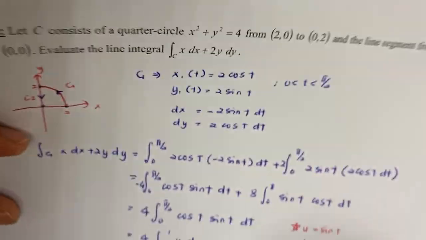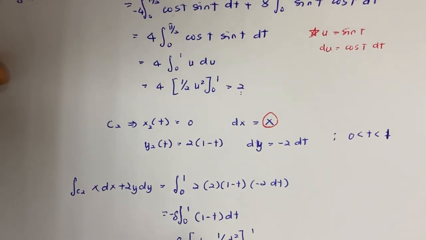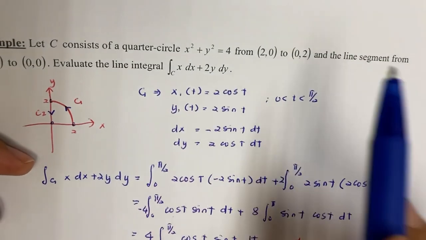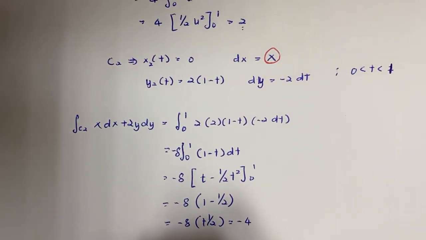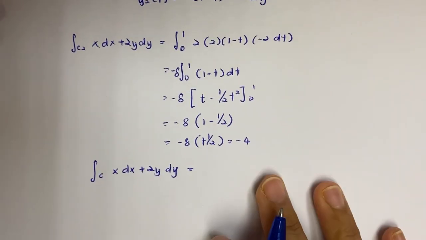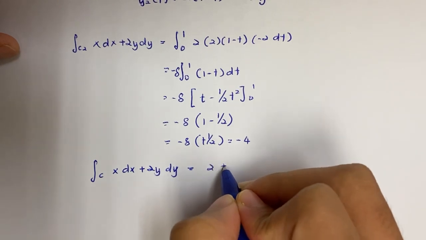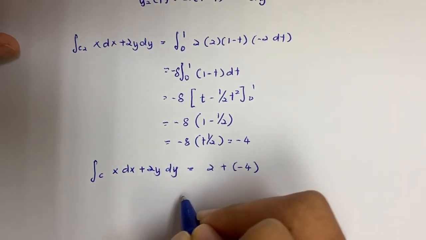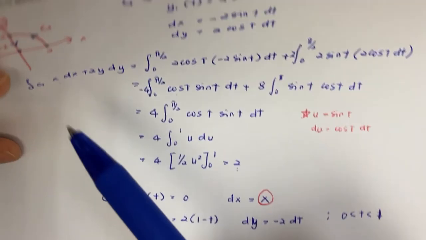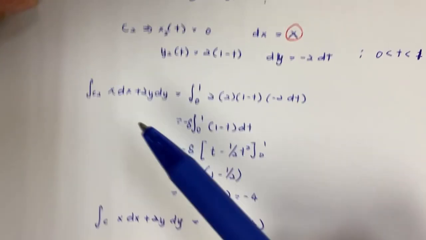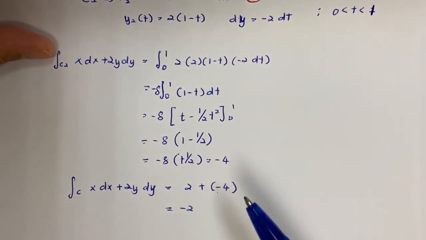So we can conclude that the line integral over C of x dx plus 2y dy is equal to 2 plus negative 4, which is equal to negative 2. You add up the line segment for C1 with C2 for C. So the last answer is negative 2.